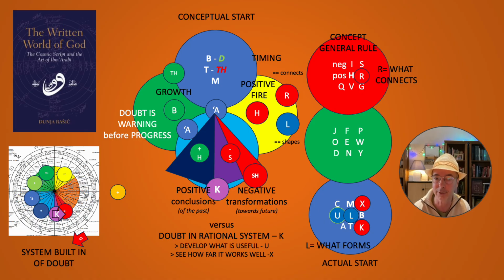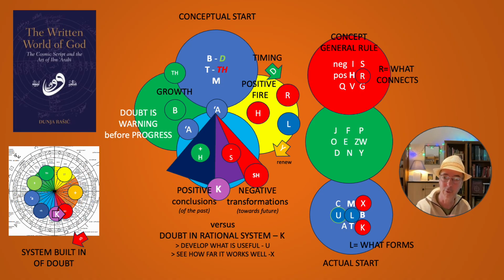So what shapes? In other words, the H is what is positive in progress, what will be able to connect in R and what will be able to shape itself in L. And you have two extra letters, D and Y, so that you can time your process and renew your process.